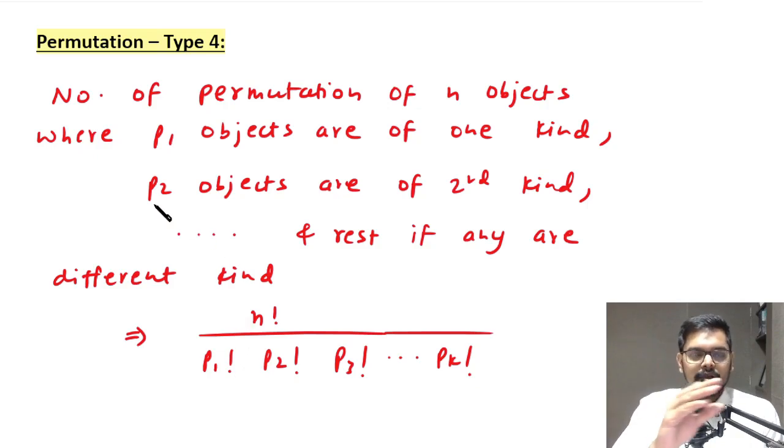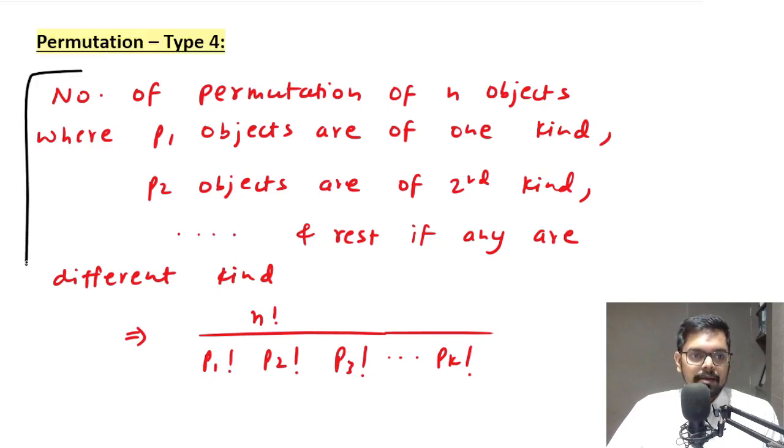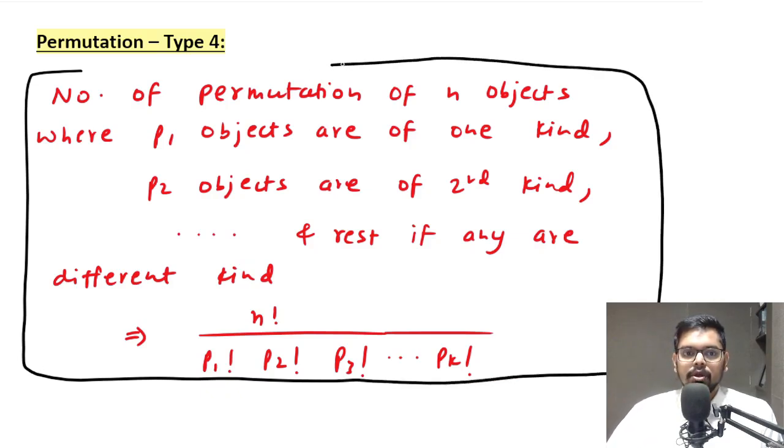There is another letter which is of p2 kind, let us say the letter L repeating p2 times, then p2 factorial, then p3 factorial, dot dot dot up till pk factorial. Understood? So this is what you have to do, and these are the only 2 types which you have to study in this class, but varieties of questions can be made out of this concept. So each and every variety I'm going to explain so that you get mastery in this topic. Okay, so let us go to the examples now.